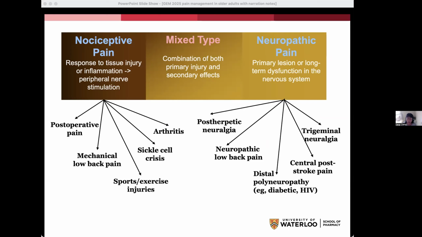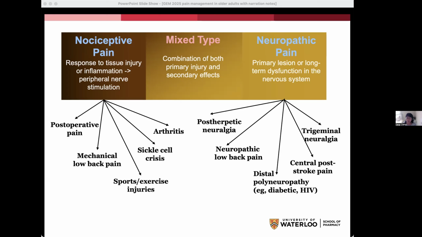In terms of neuropathic pain, a lot of people describe it as burning, stabbing, electric shock-like, and nociceptive pain as being more achy. In practice, sometimes these distinctions are less black and white. So you might find, for example, nociceptive pain like myofascial pain can actually have a degree of burning and stabbing as well. And neuropathic pain, people can definitely describe it as painful.